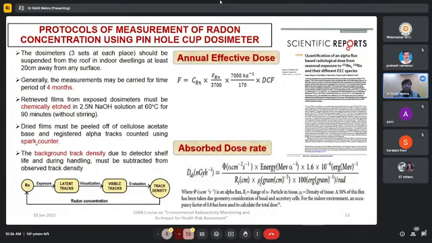Generally the chemical etching process is done with the help of sodium hydroxide 2.5 normal, and sometimes it is also very important. Some of the students don't know how to make a 2.5 normal sodium hydroxide solution. As a physics or chemistry student, you should know sodium is 23, oxygen is 16, hydrogen is 1.